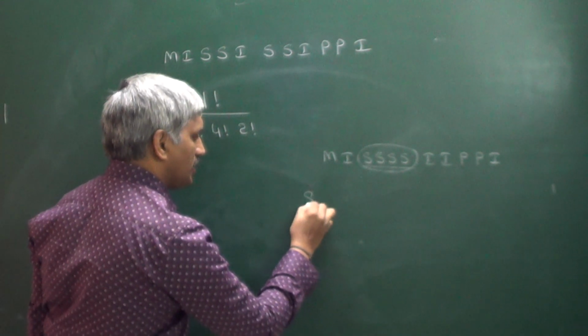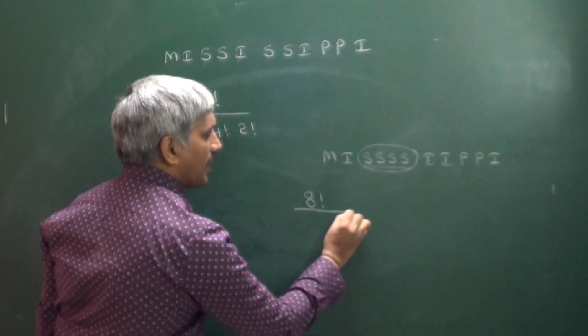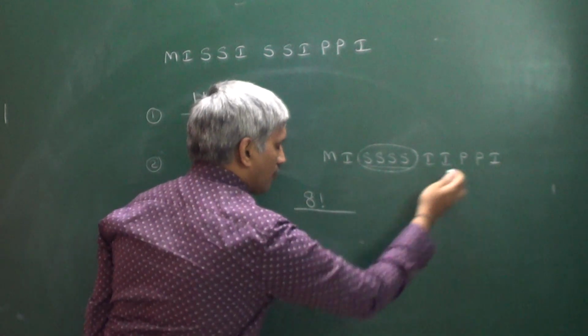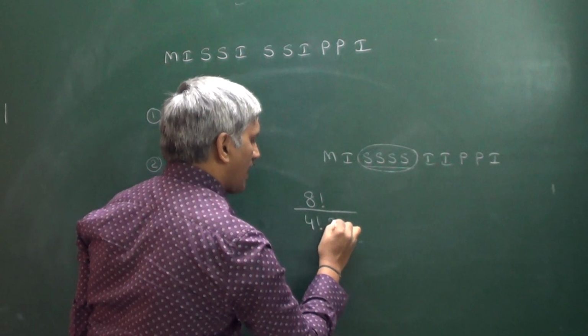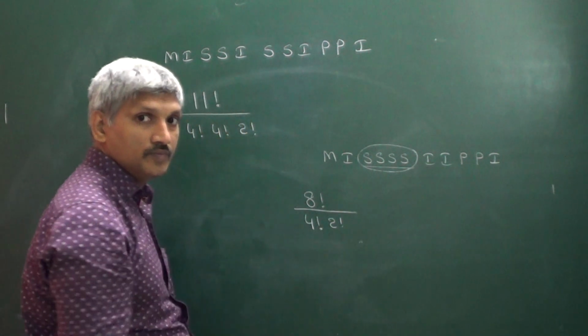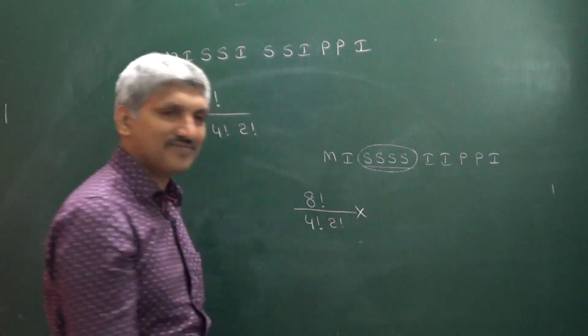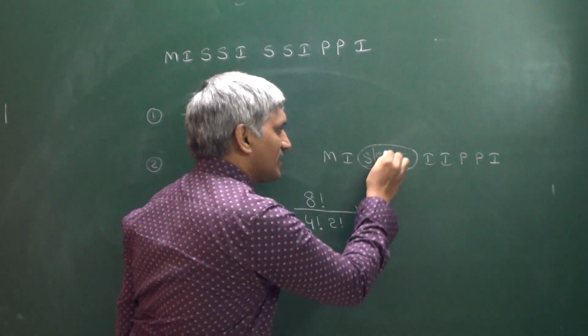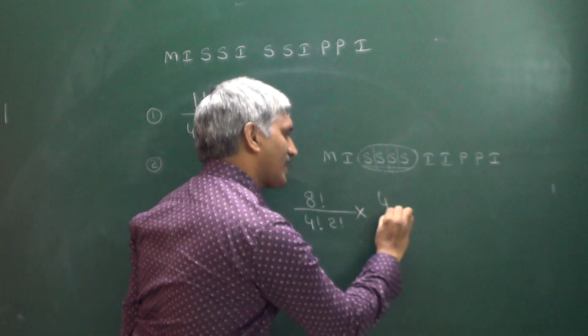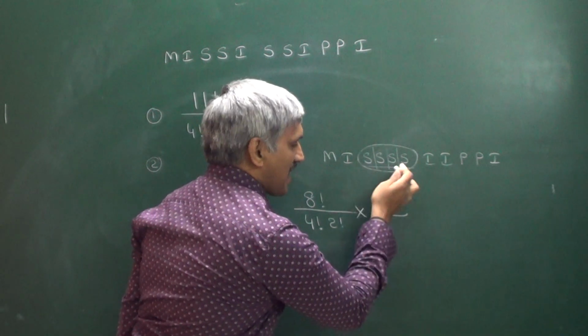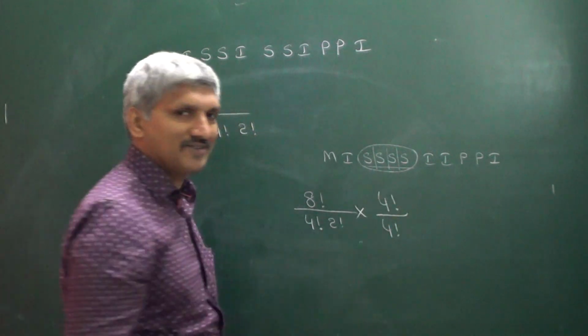They can be arranged in 8 factorial divided by: I is there 4 times, that's why 4 factorial; P is there 2 times, that's why 2 factorial. Into, these 4 letters can be arranged among themselves in 4 factorial, because they are identical, that's why again 4 factorial.